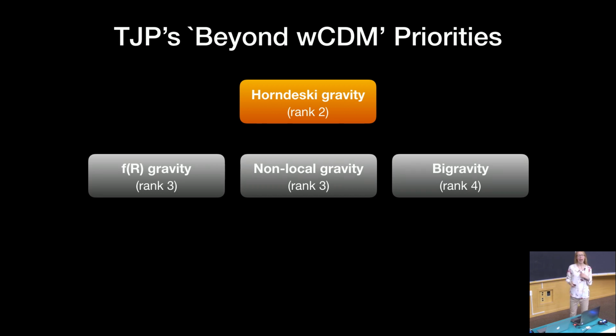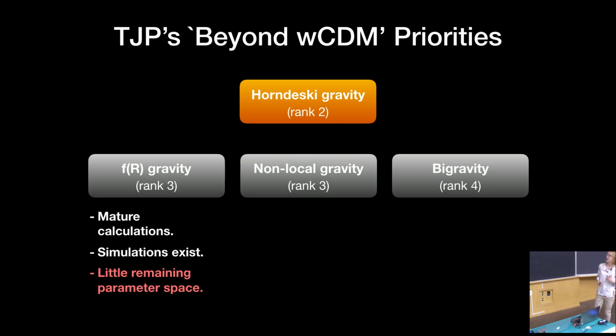So first of all, f(R) gravity has been around for a long time. It is the simple idea that the action for gravity, instead of just being the Ricci scalar, which is R, is instead some more general function of R. And if you like, GR is just the first term in the expansion of that function. So it's a really old idea. It's very mature; we know a lot about this theory.